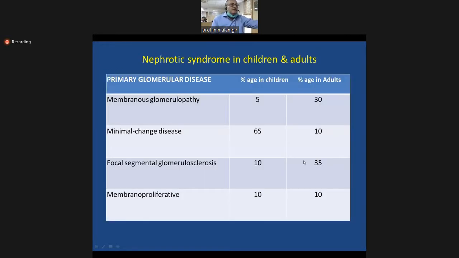So here you can see what is the proportion of various glomerular disorders which result in nephrotic syndrome in children or in adults.